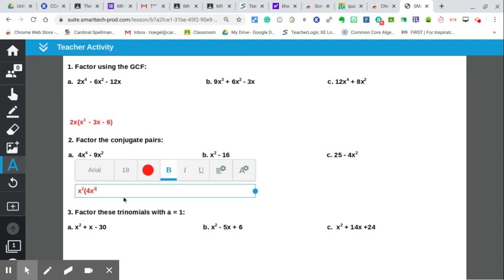Right? And then we'll have one more term, minus, the sign stays the same. And then 9x squared divided by x squared is just 9.